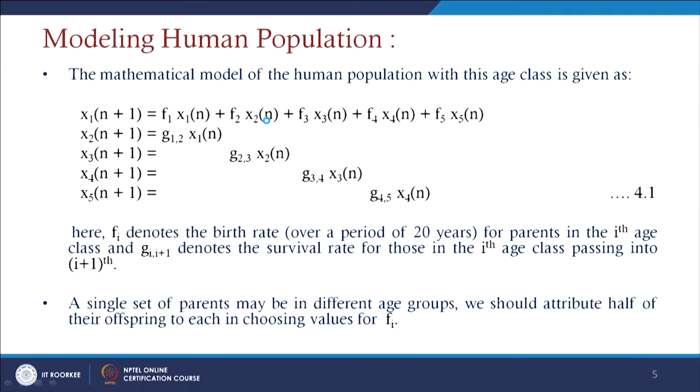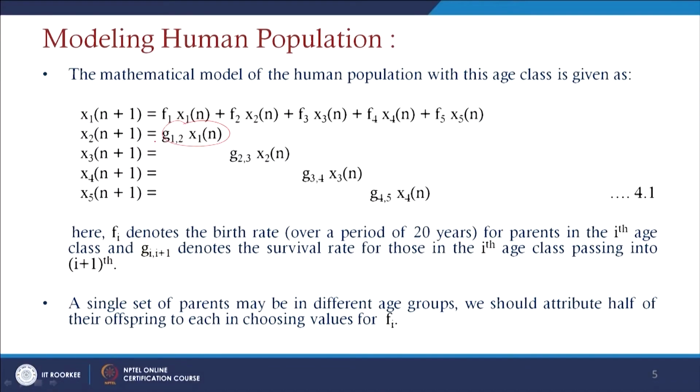I have written here, Fi denotes the birth rate over a period of 20 years for parents in the ith age class, and gi plus 1, that is g12, denotes the survival rate for those in the ith age class passing into i plus 1. This means they have crossed the 19th age and belong to the age group above 19. That is why it is written as g1 to x1n.